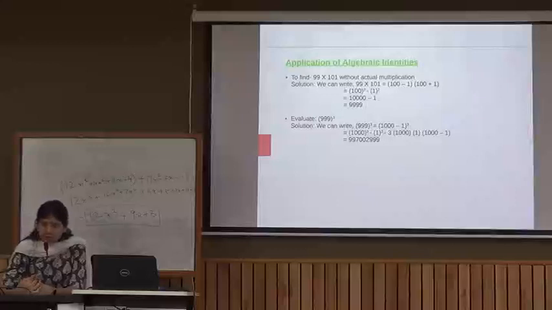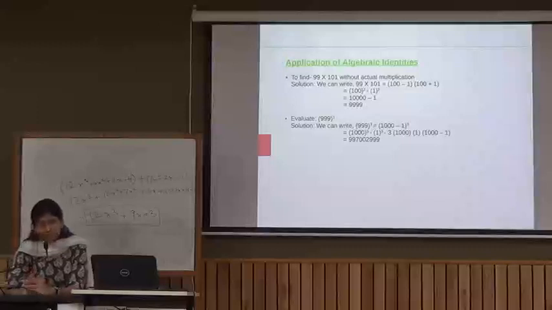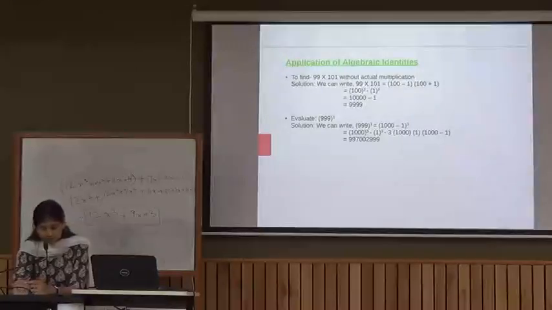Therefore, by using the algebraic identity (a minus b) into (a plus b), which is equal to a square minus b square, we get the desired result. Here, a is equal to 100 and b is equal to 1. Therefore, we get 100 square minus 1 square, which is equal to 10,000 minus 1, which is equal to 9,999.